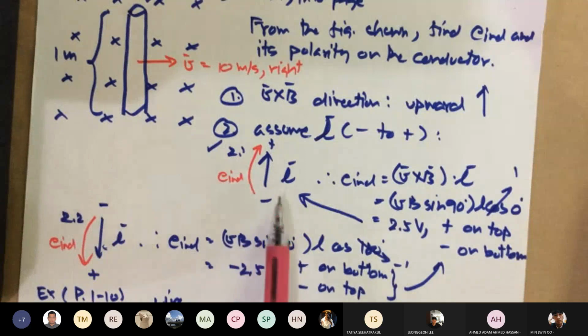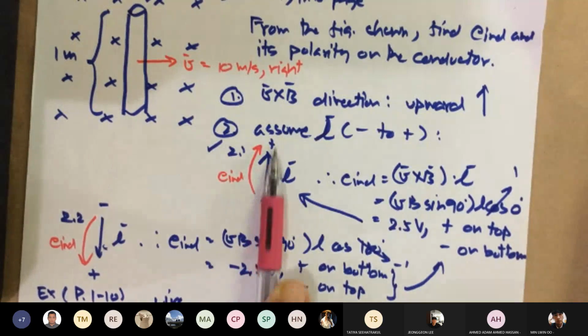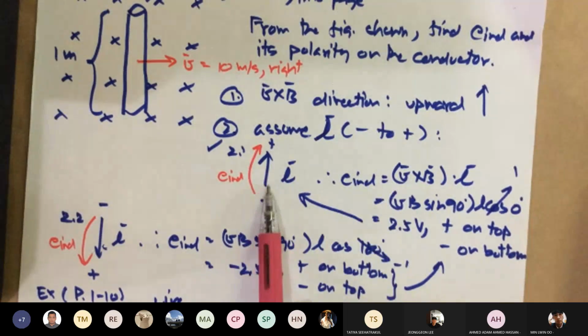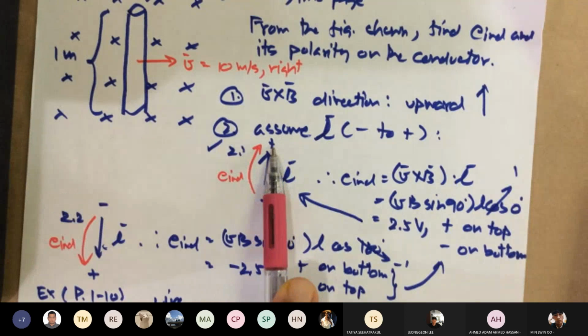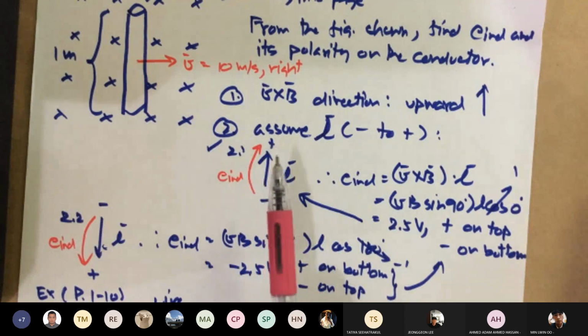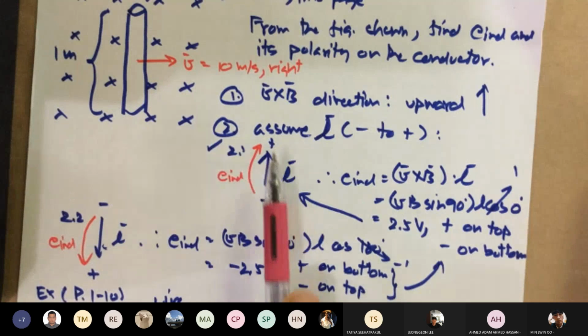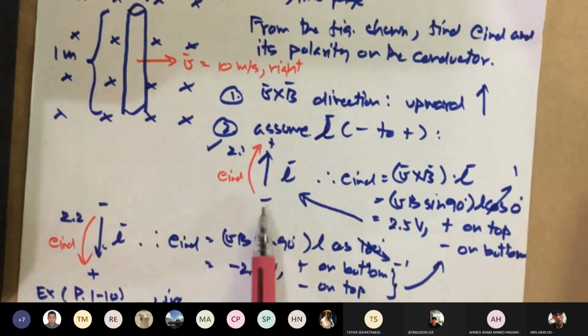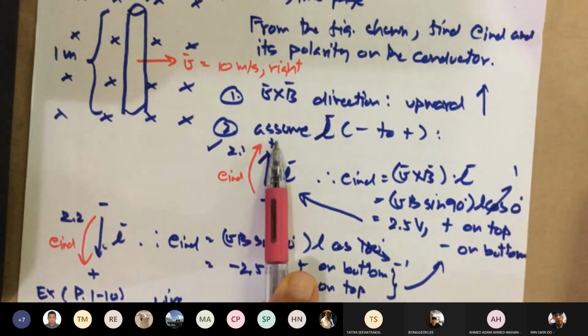In 2.1, I assume L points up. If you assume L points up, that means the bottom end of the conductor has to be negative polarity and the top has to be positive, because that's our rule: L points from negative to positive. So if you're going up, bottom negative, top positive.